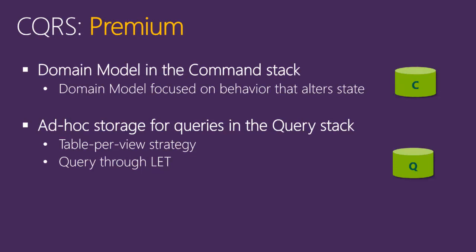More, if you need to scale to particularly high numbers, nothing prevents you from taking the query stack and offloading it to a specialized machine, a specialized cloud, a more powerful cloud. You can handle and optimize the two stacks independently. This is one of the key factors for the adoption of CQRS as a pattern for a bounded context.